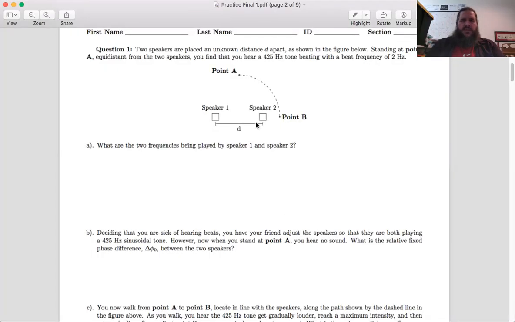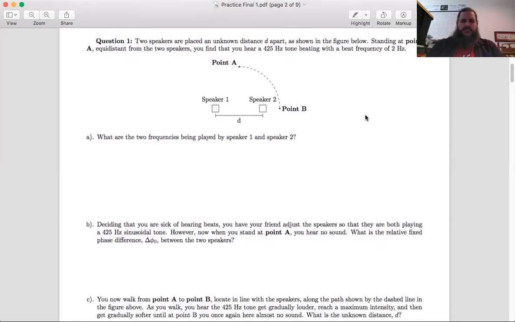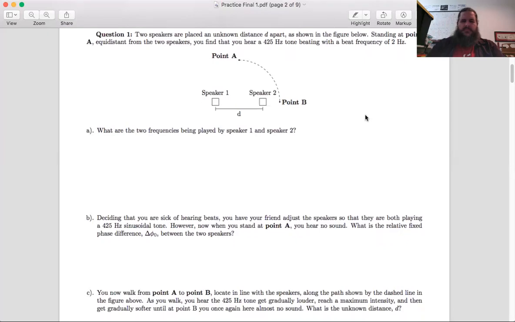So here you've got two speakers and you start at point A and you're walking towards point B. What do you know about what's going on at point A? At point A, you don't hear any sound, so that means there's destructive interference. And it says when you go from A to B, it gets loud and then soft, which means you traveled a whole period.